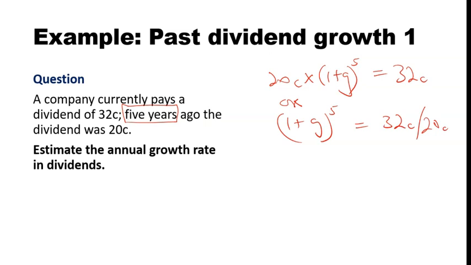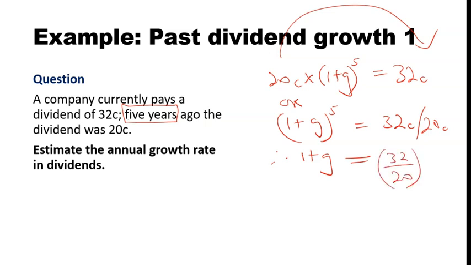Remember, we have removed this 20 cents to this side. So we just want to make g the subject of the formula. Therefore, 1 plus g becomes 32 over 20 to the power 1 over 5.